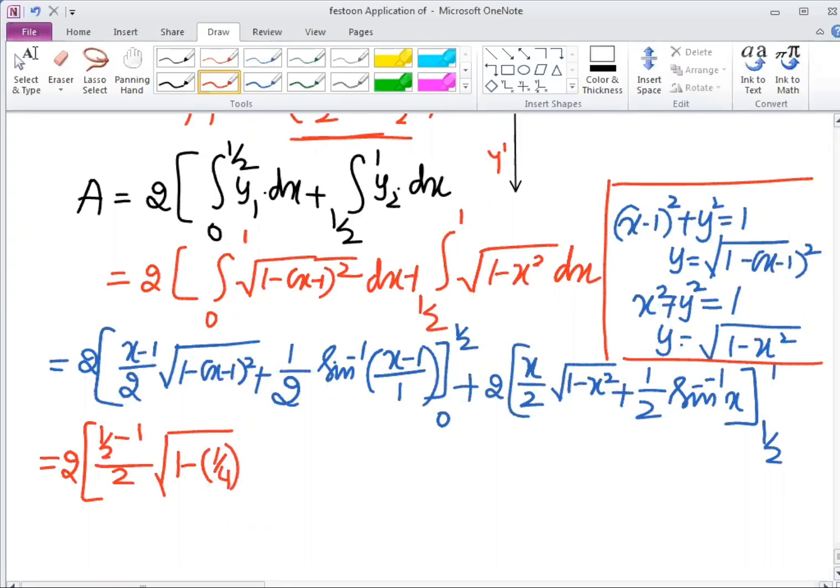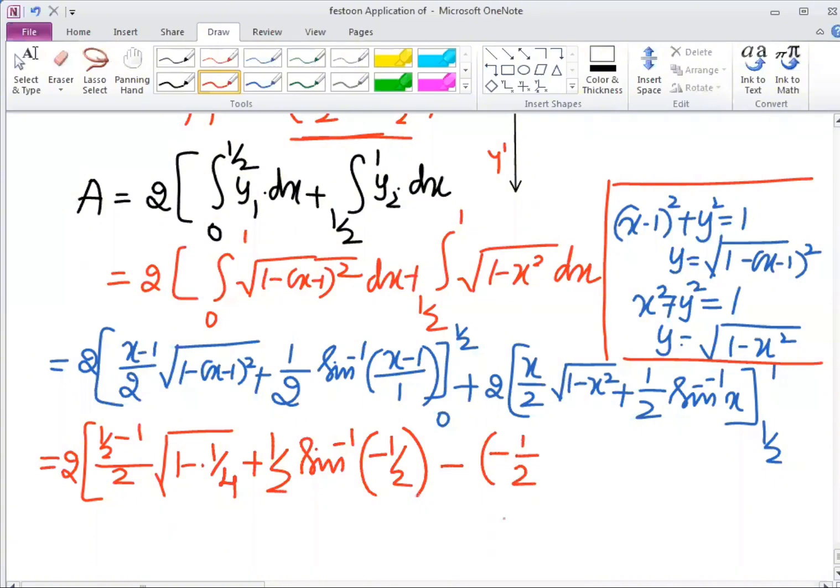Because x minus 1 is minus 1 by 2, we shall write minus 1 by 4 and plus half of sine inverse of minus 1 by 2, observe here, minus of minus 1 by 2.